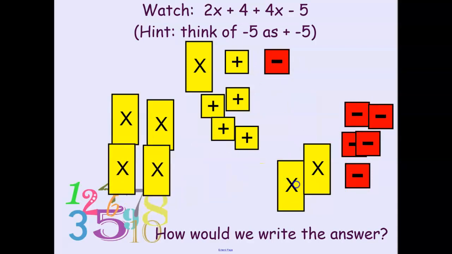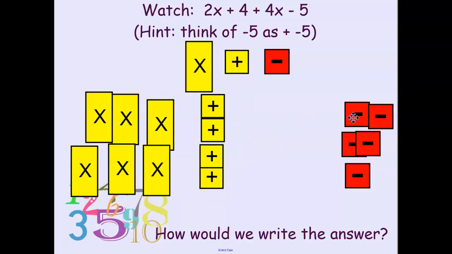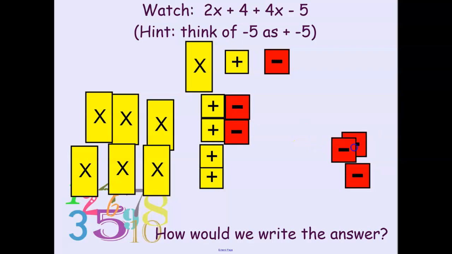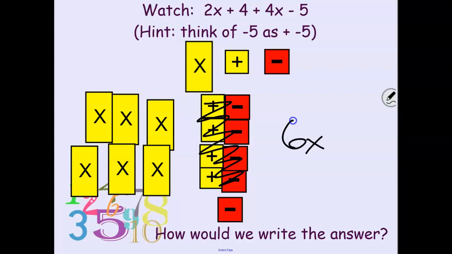That's easy enough to do, and I can see that I have a grand total of 6 x's. When I put my ones together, you might remember that when you get a positive and a negative together, like when we did counters back in the day, they cancel out. They make zero pairs. So I have positive 4 and negative 5. This business zeroes out, and I get negative 1 here. So I get a grand total of 6x minus 1, or I could say 6x plus negative 1, same deal.